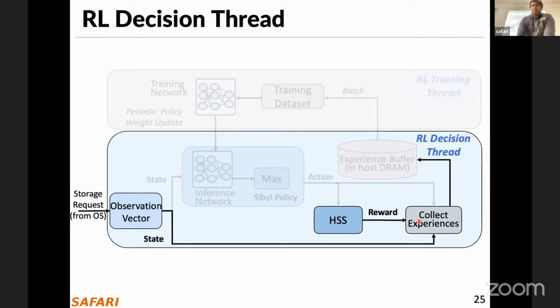Once the reward has been issued, the state, action, and reward are collected as experiences, and we store that in an experience buffer.